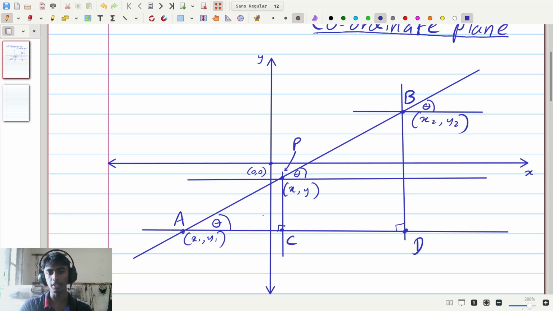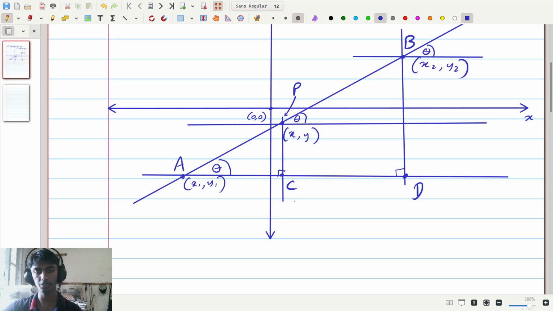From Cartesian coordinates, we know that AD is a horizontal, therefore its length is going to be the difference of the two x coordinates. So AD is equal to x2 minus x1. In a similar way, considering BD is a vertical, BD's length is going to be the difference of the coordinates. Here the difference of the coordinates is only the y coordinates, it's y2 minus y1, since D also has the same y coordinate as A, as in y1.